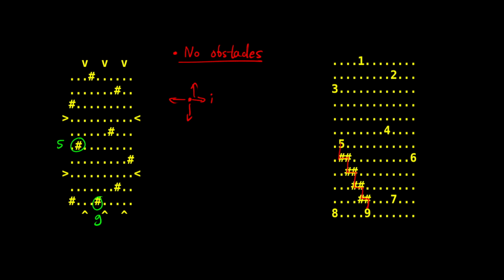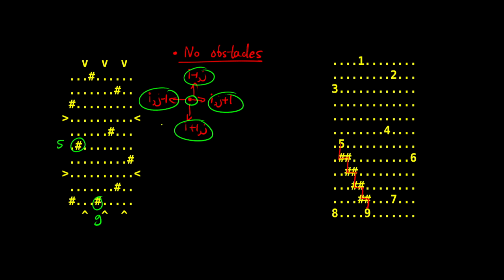So from I, J, we are moving to I, J plus 1, or I plus 1, J, I minus 1, J, or I, J minus 1. These are the 4 choices that are available to us to traverse from the current node I, J. And there is no restriction on whether any cell is closed or not available for traversing.